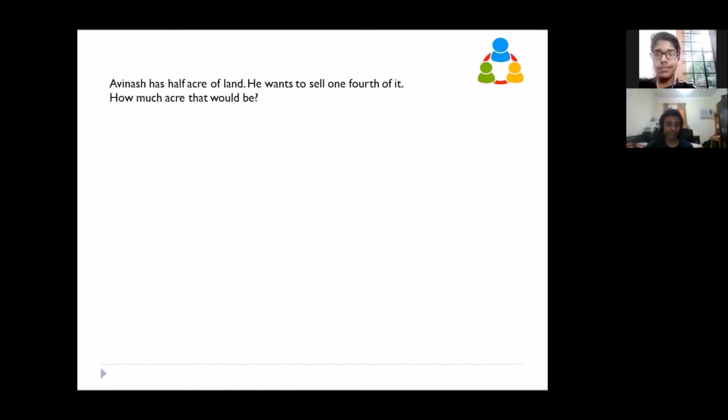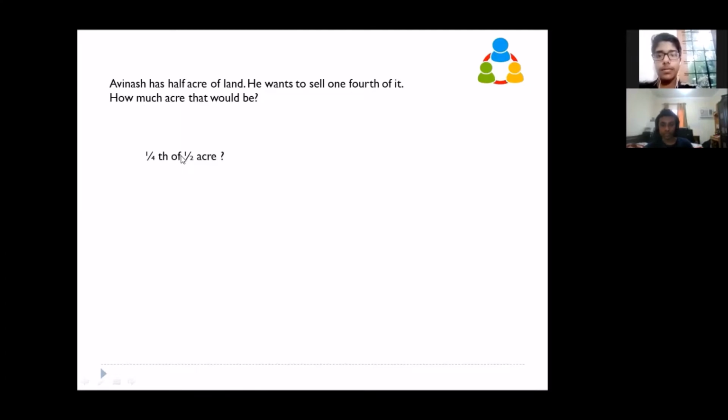So let us assume Avinash has half acre of land, and he wants to sell 1/4 of it. So what is he trying to do? He's trying to sell 1/4 of half.